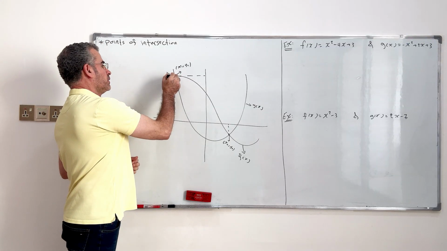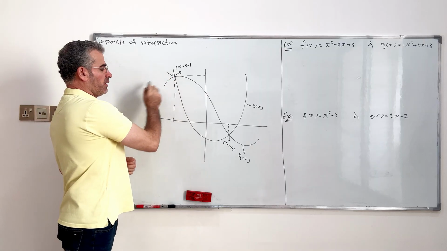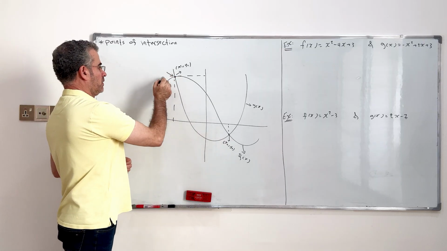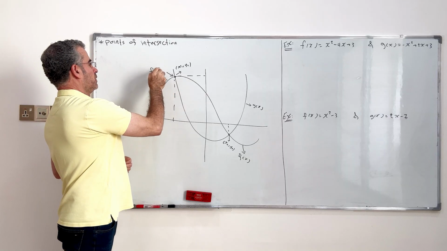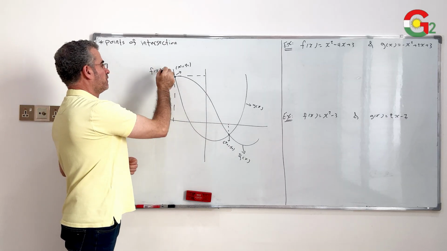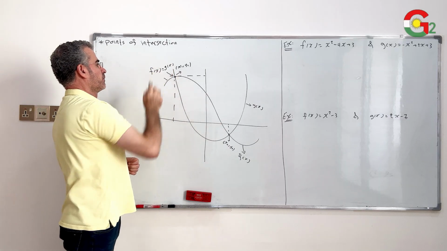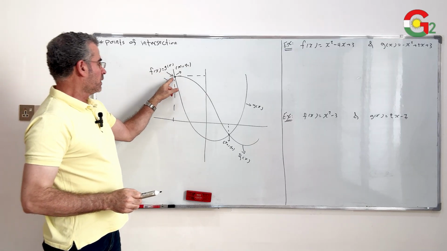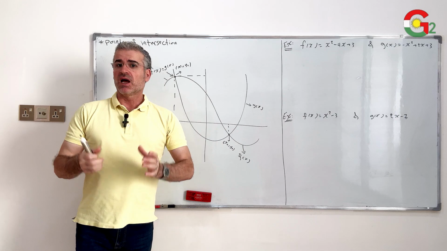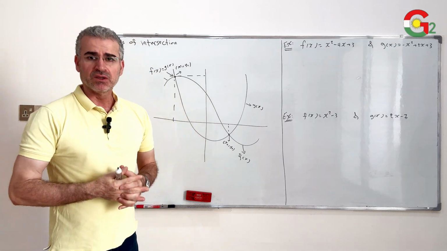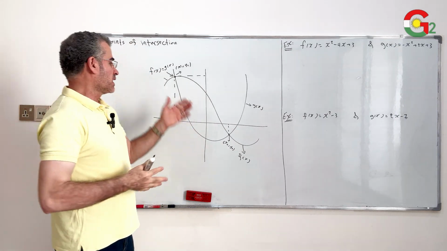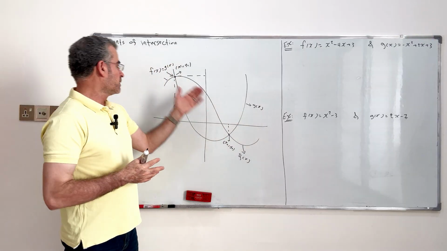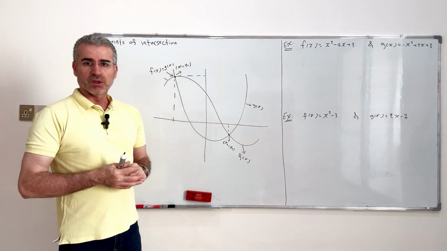At this point, the value of f of x should be equal to the value of g of x, because this point lies on the graph of f of x and also lies on the graph of g of x. Therefore, it should satisfy g of x and f of x and they should be equal.